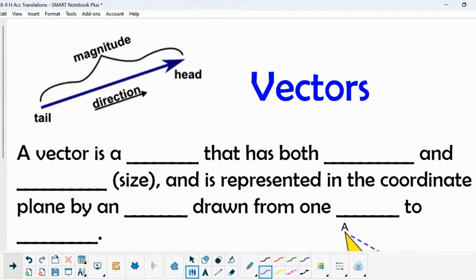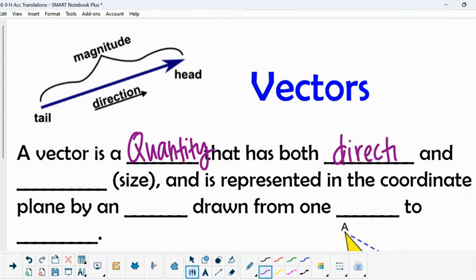So a vector is an actual quantity that has both direction and magnitude, which is its size, its length. It's an arrow. Okay, so it's a quantity that has both direction and magnitude. It's represented in the coordinate plane by an arrow drawn from one point to another.